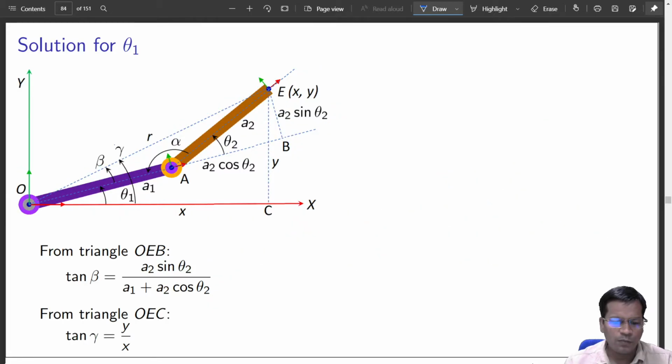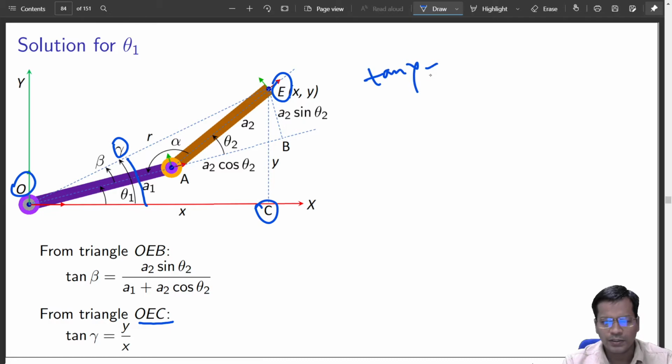Now moving to next, using triangle OEC, O, E and C. So tan gamma. Where is gamma? Gamma is here. So tan of gamma is equal to perpendicular, that is EC by OC.